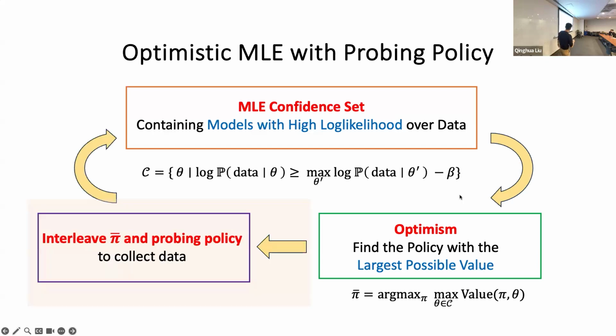The difference comes in the third step. Instead of passively following this policy to collect data, we interleave this policy with our probing policy to collect data. The intuition of doing so is that we can collect more informative observations, which could be useful for us to learn some underlying state decoder or whatever.